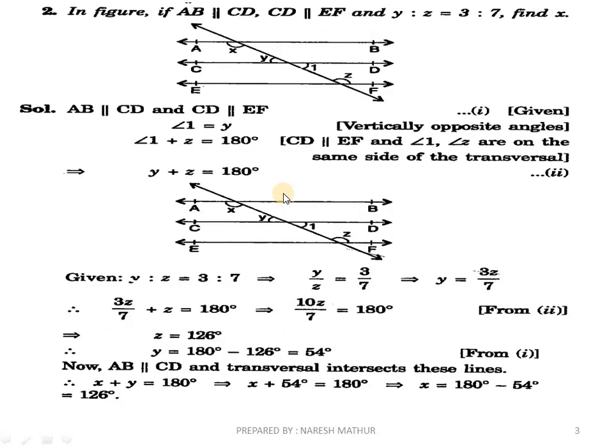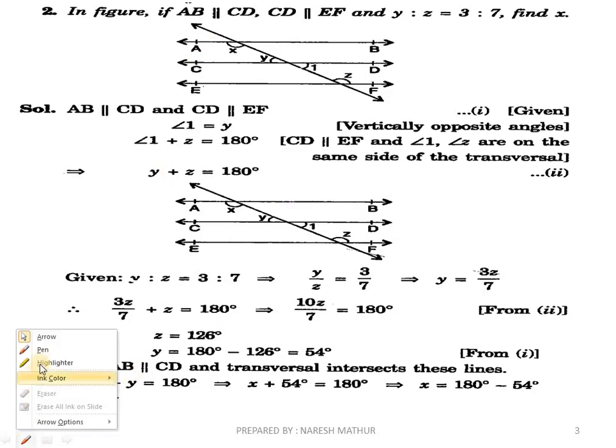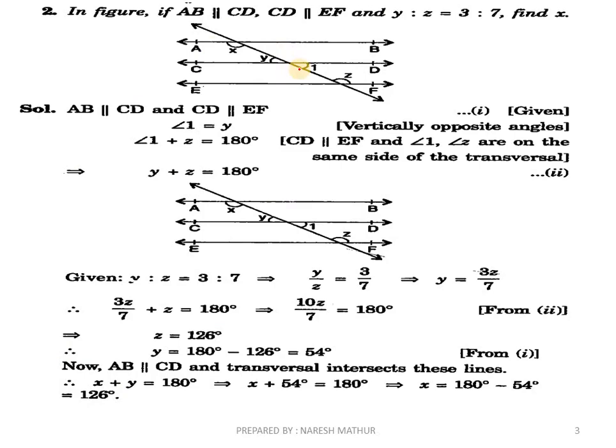Alright, in the second question it is given that AB is parallel to CD and CD is parallel to EF, and Y to Z is given as 3:7. We need to find X. First thing to consider: if AB is parallel to CD and CD is parallel to EF, then AB will also be parallel to EF.